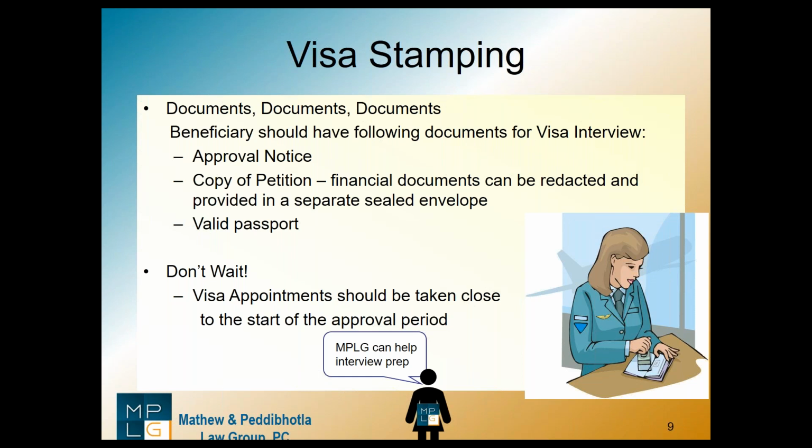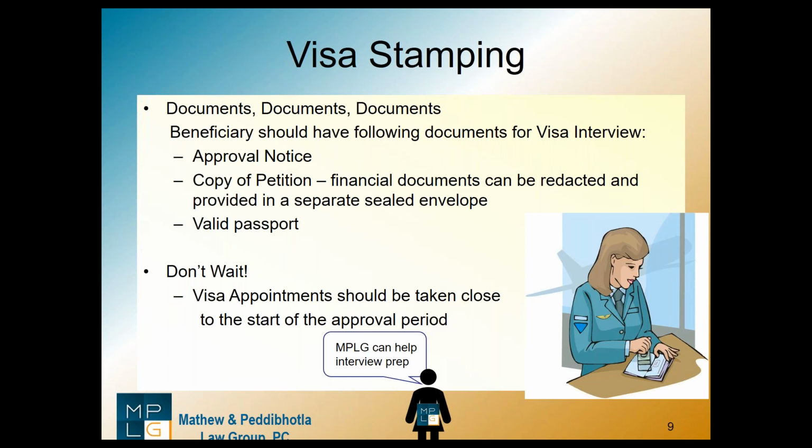So we would like to keep your H-1B program as seamless and efficient as possible, so we strongly advise that you have your CAP H-1B approval cases go for stamping as close as possible to the approval date.